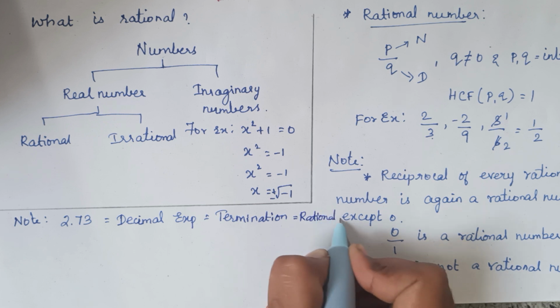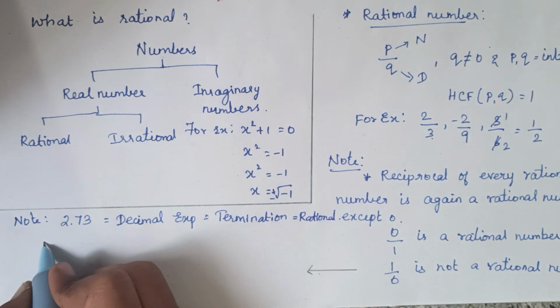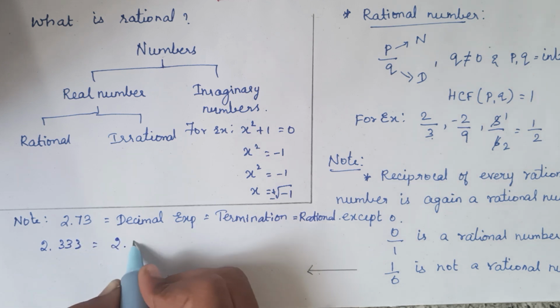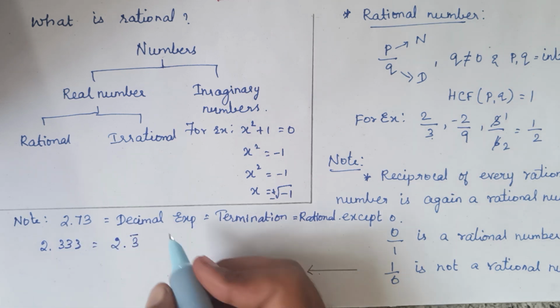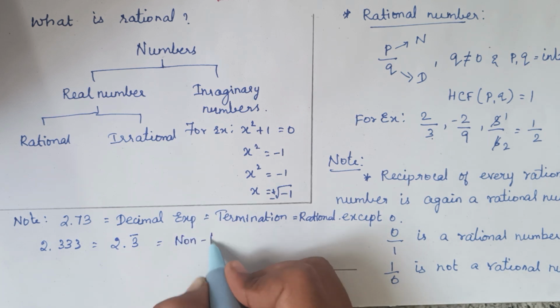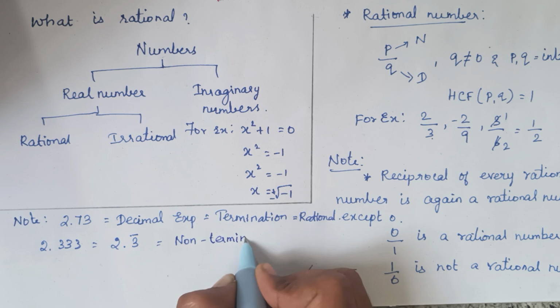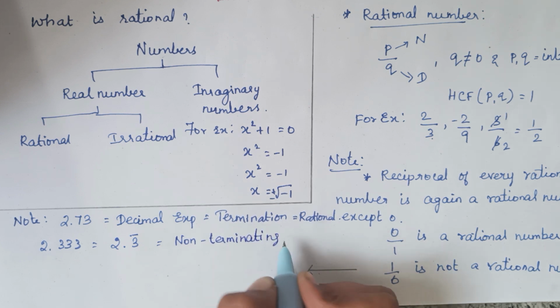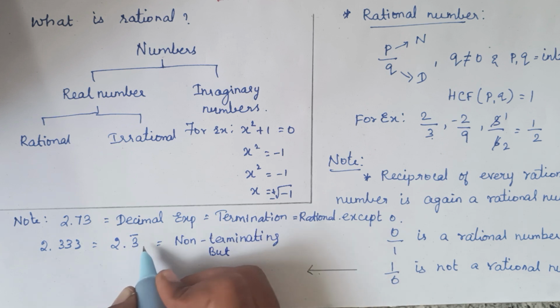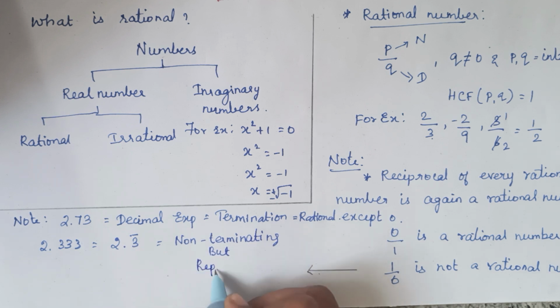And then 2.333, it will be a continuous number. 3 is repeating, so it is non-terminating, but it is repeating: 3, 3, 3, 4, 4, 4. If it is a repeating number, it is also considered a rational number.